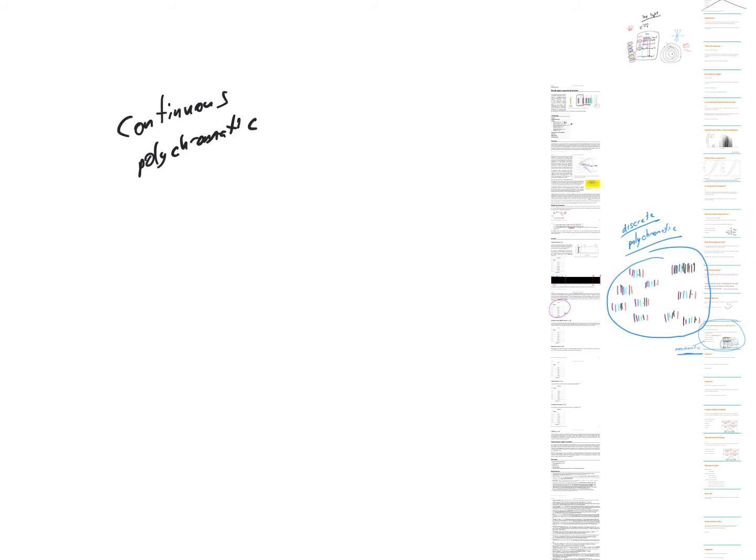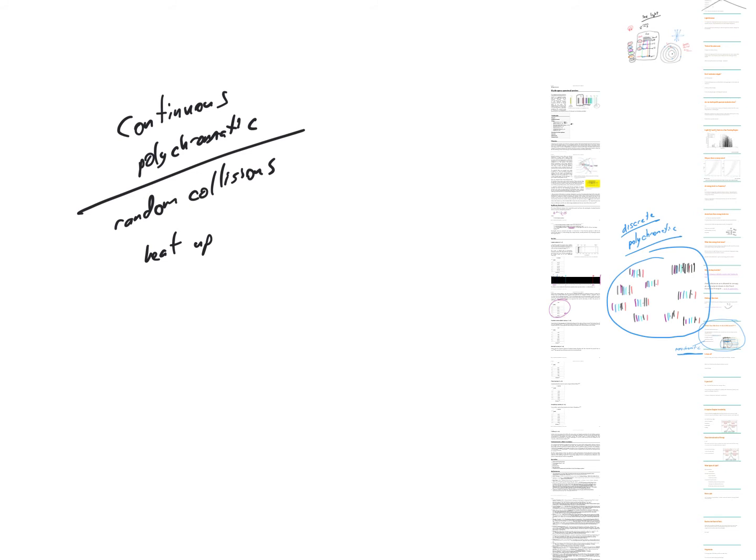And you get this by having random collisions. What does that mean? That means that you heat something up. Could be a gas, it could be a piece of metal, it could be a lot of things, but you heat it up.